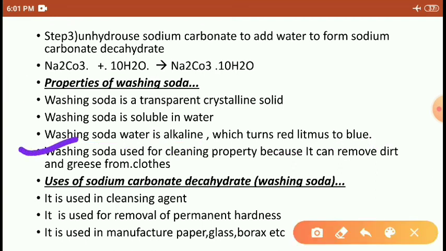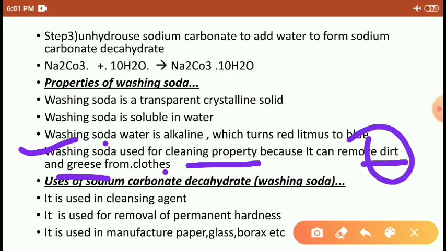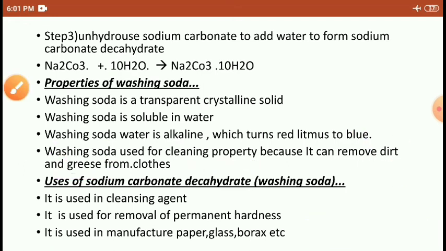Washing soda is used for cleaning because it removes dirt and grease from clothes. It is a very common example in our household. Whatever oil stain or grease stains stain our cloth, then what we have to do? We have to apply washing soda, then it removes the dirt and grease. Right, students? Okay.